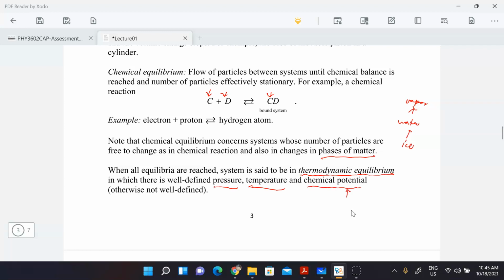We'll talk more about this later on. Chemical potential essentially relates to the types of particles that are involved. If it's not in equilibrium, then pressure can change, temperature can change, and chemical potential can change.